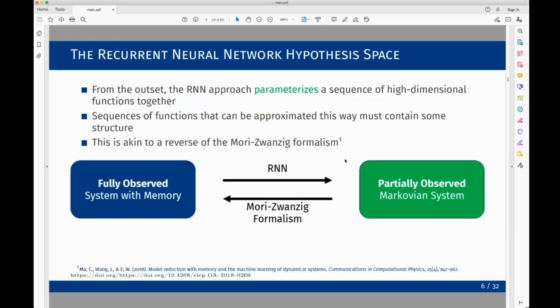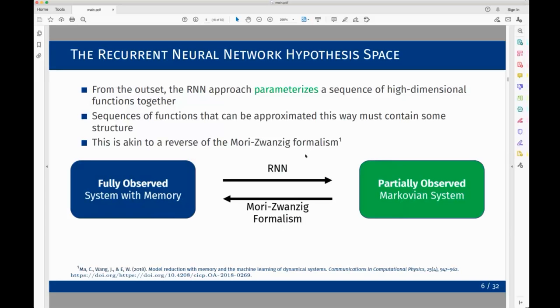In this sense, this viewpoint is similar to a reverse side of the Mori-Zwanzig formalism developed in non-equilibrium statistical mechanics. In the Mori-Zwanzig formalism, given a partially observed Markovian dynamical system, we want to use it to describe a fully observed system with memories.